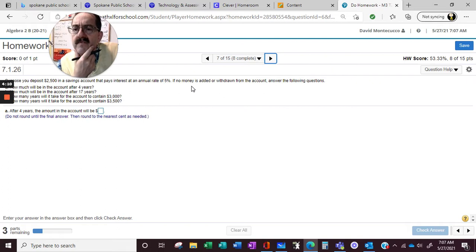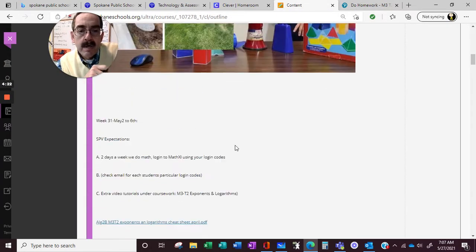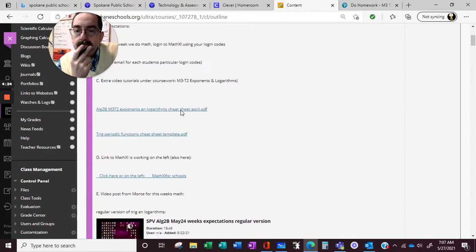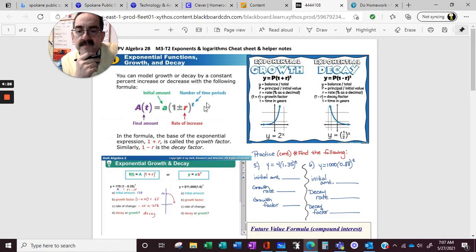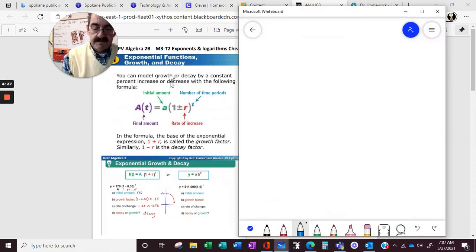Suppose you deposit $2,500 in savings at a rate of 5%. If no money is added or withdrawn from the account, how much will be after 4 years? Okay, so this is a simple, let's grab our cheat sheet. And this is a financial problem right here. Just the start value, plus or minus the rate. We're growing over time. Okay, so let's just copy this.